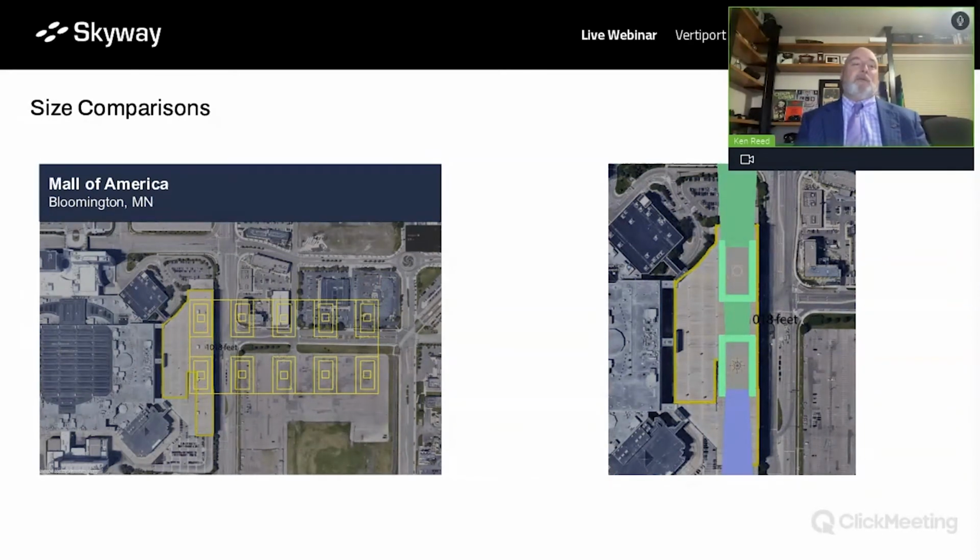Let's start with, if you were in Minnesota, you might go to the Mall of America, which is the largest mall in America. And there are 2 large parking garages on either side, the east and west side. What I've done here is I've taken an outline of those 10 FATOs, and I've laid it on top of the east parking garage at Mall of America.